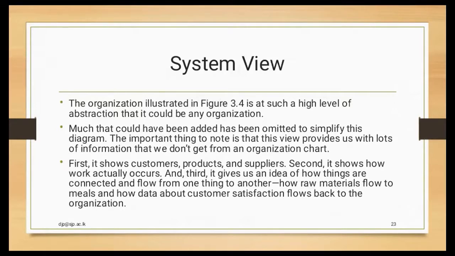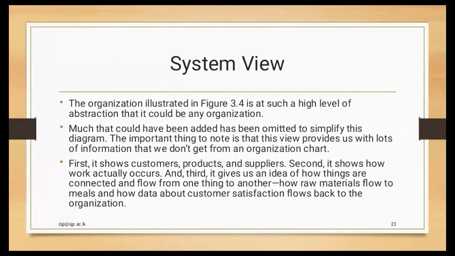The organization illustrated in figure 3.2, the previous figure we had a look at, is at such a high level of abstraction that it could be any organization. So we can apply the system view to any organization. Much that would have been added has been omitted to simplify the diagram.